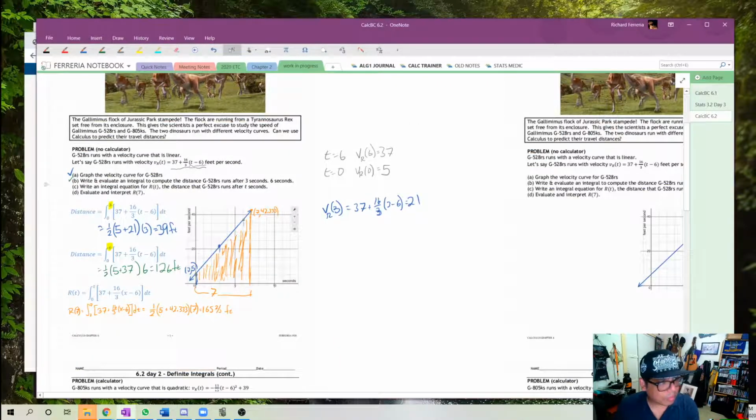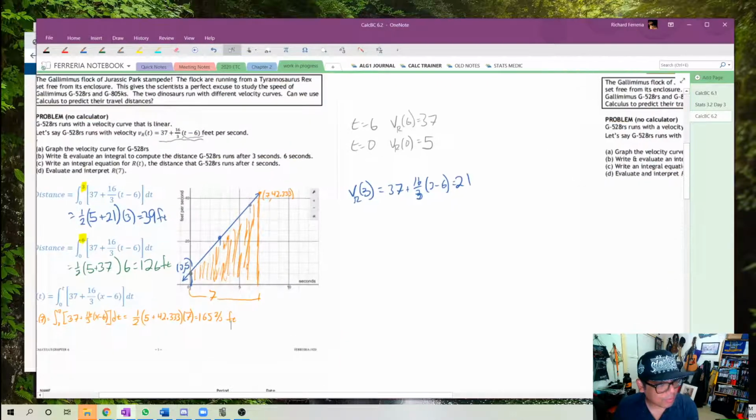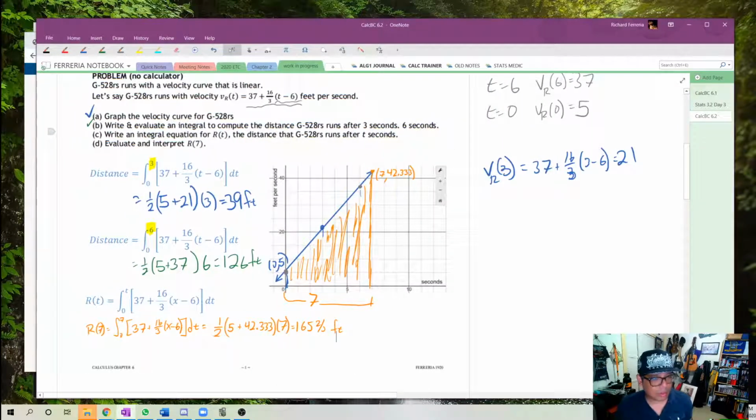So that should give us an idea about how this function is kind of extendable. Really, we've made a function using an area formula that will give us the distance that this particular Gallimimus ran.